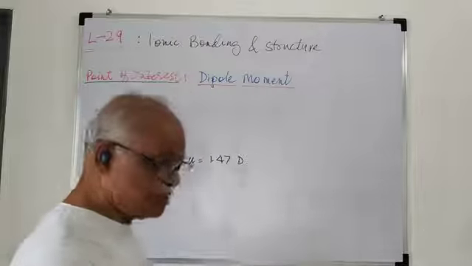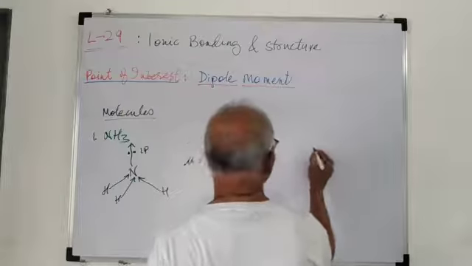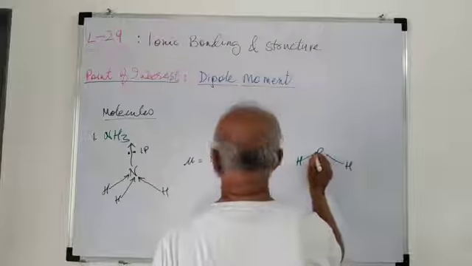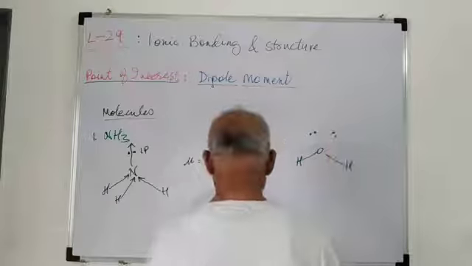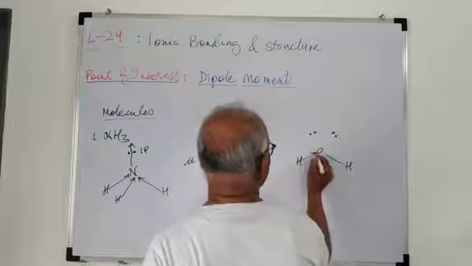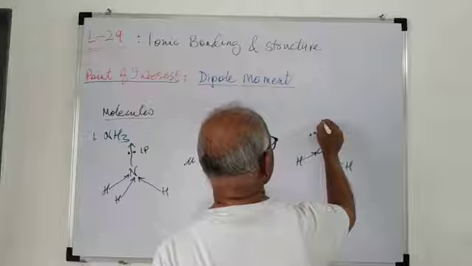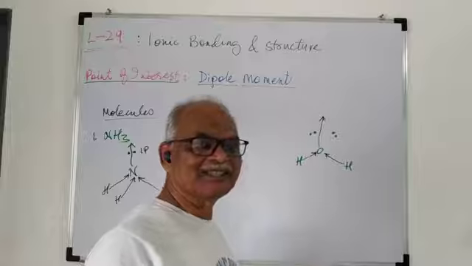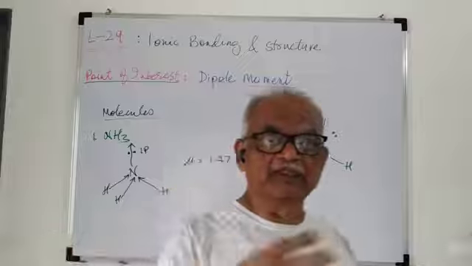1.47 D. If we compare this value with another example, that is H2O, the dipole is pointing towards oxygen, and the two lone pairs also have dipole moments in nearly the same direction, so all these dipole moments add to each other.